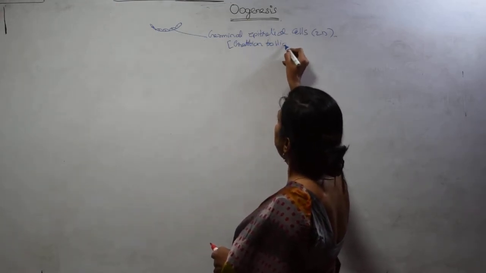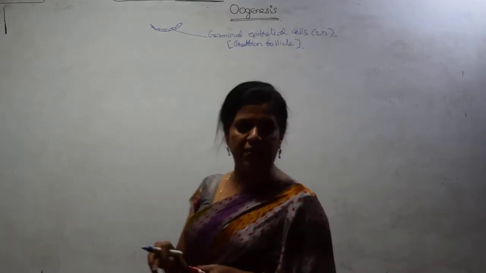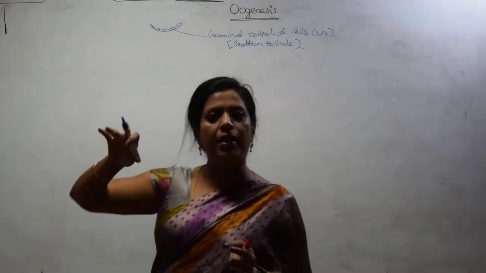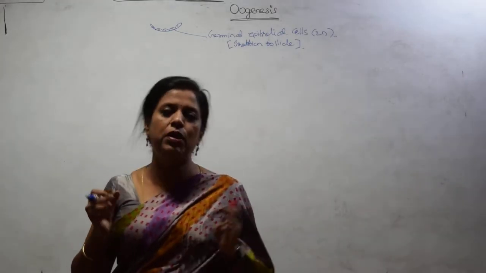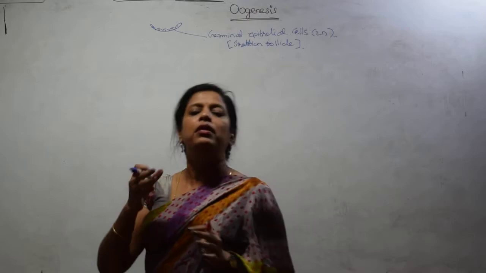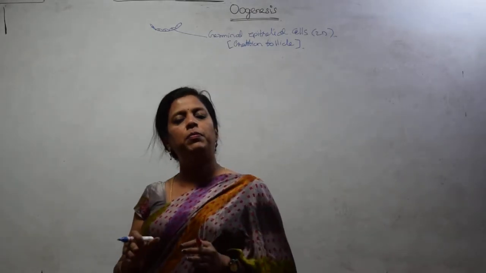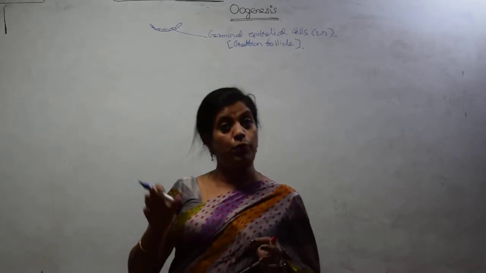Very important, you have to write properly where exactly it is produced. So it is the Graafian follicle internal lining, because an ovarian follicle when it matures becomes a Graafian follicle. The Graafian follicle lining is called germinal epithelial cells. These germinal epithelial cells are diploid, and they will have to produce the egg.